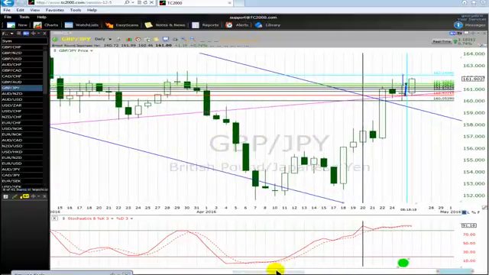So this was a complex stochastic trading method because when the stochastic 833 was in the overbought zone, it pointed to a resistance level at 16005.